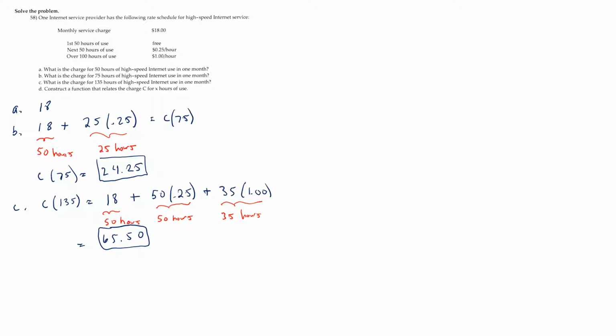Finally, part D wants me to actually create an equation, a function, that mathematically models how much it'll cost if I use x hours of internet use. So it's going to be a piecewise function. If I use between 0 and 50 hours, then the cost will be just 18 bucks.